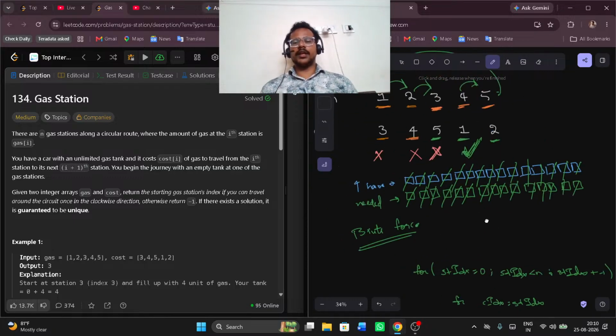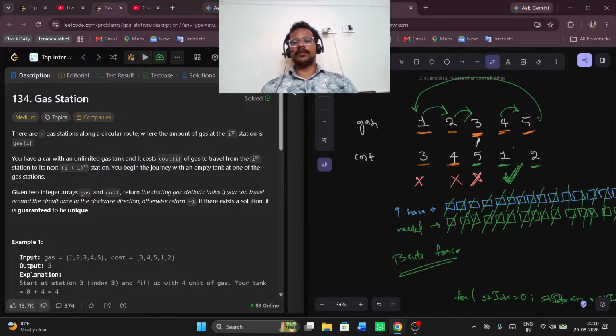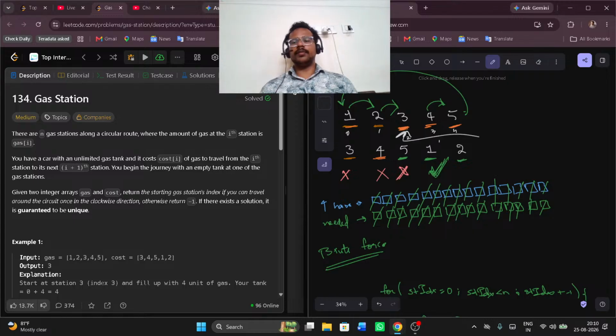I'm just taking the current index here like this. Let us take this as 0, 1, 2, 3, 4, right? So this will be incremented like 2, 3, 4, 5 and then 6. 6 mod 5 would be 1.